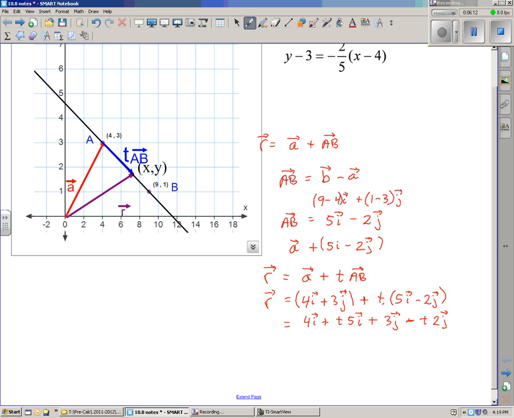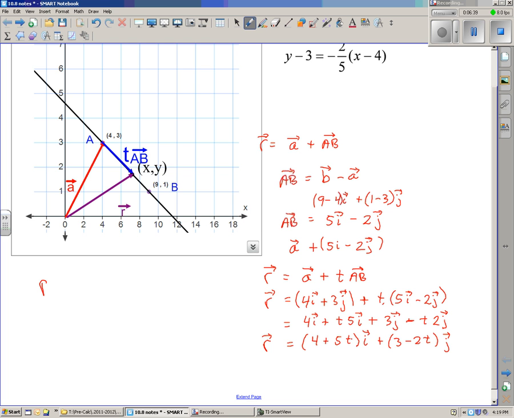And if I combine the terms in a slightly different way, getting the i's together, I have (4 plus 5t)i plus (3 minus 2t)j. This is r.